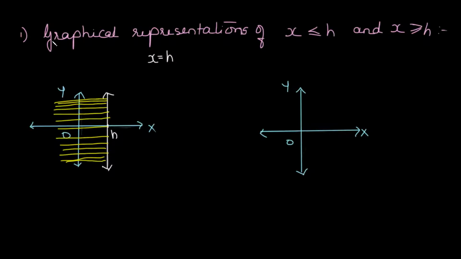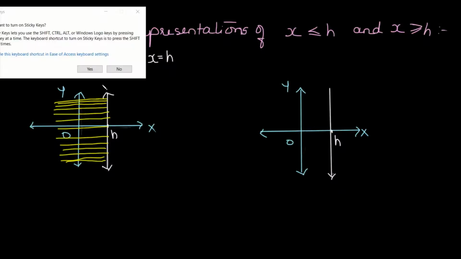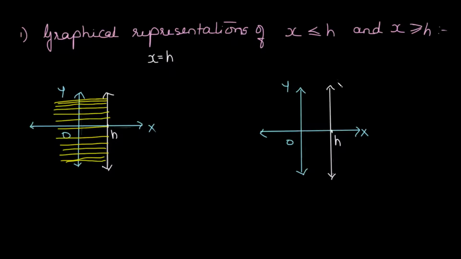Now let us consider the second case, x greater than or equal to h. As you guessed rightly, we draw a line corresponding to x is equal to h. If this is h on the x-axis, we draw a line parallel to the y-axis, passing through x is equal to h. The equation of this line is x is equal to h.